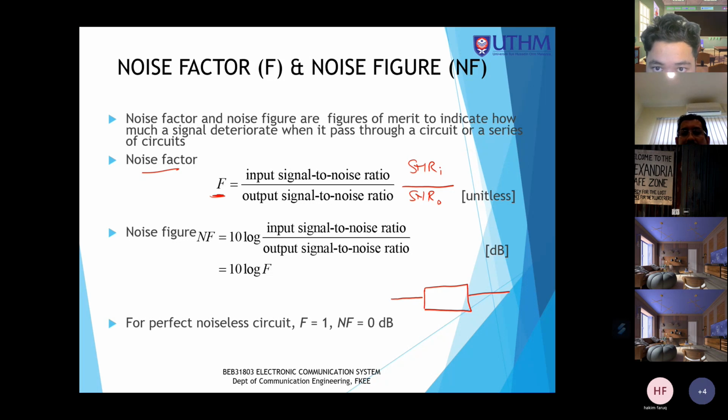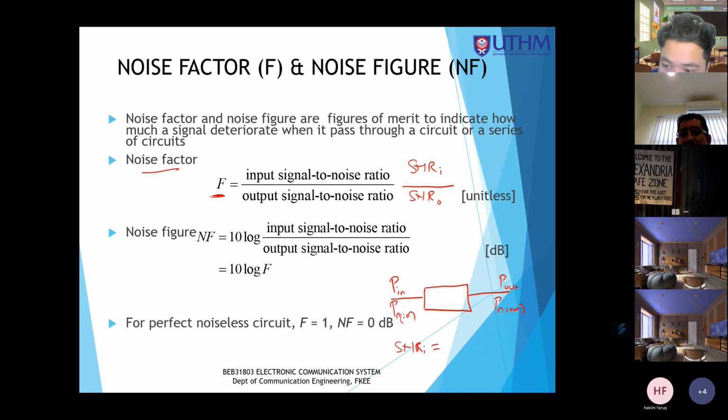Remember that we're gonna have input power and we're gonna have output power. And because of this, similar with the noise, so we're gonna have what we call PN in, and also P noise of output. Noise pun sama akan ada input dan juga output.